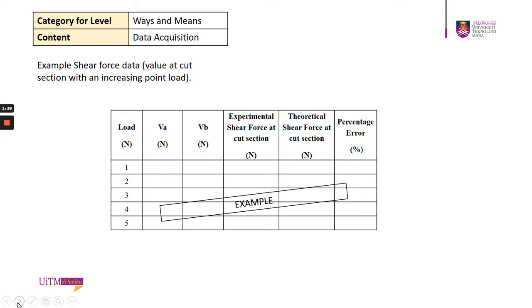It should include the experimental shear force at the cut section, and you have to determine the reaction of the beam. Furthermore, you also have to determine your own load with your own decision of the increment.